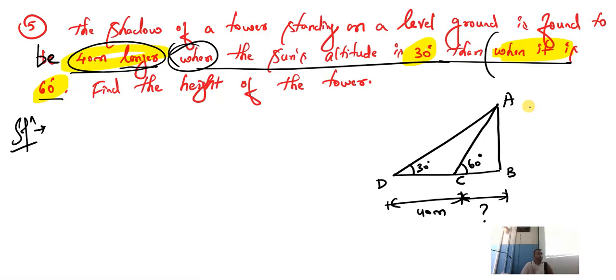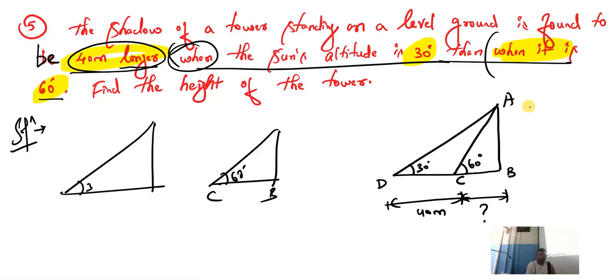Correct now? Once again. When the sun's altitude was 60 degree, the length of the shadow is BC. When the sun's altitude is 30 degree, the length of the shadow is BD.